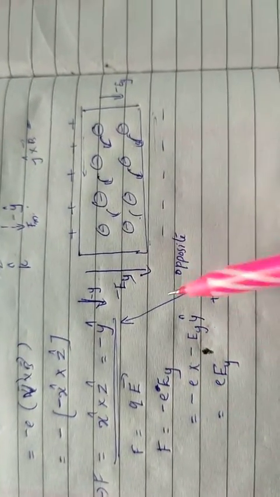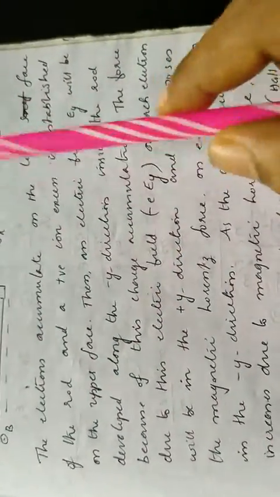Okay. Now, I will take another note. Minus y direction. I have shown it in the figure. Now what will happen? The force due to this electric field on such an electron will be in the positive direction, and this opposes the magnetic Lorentz force.